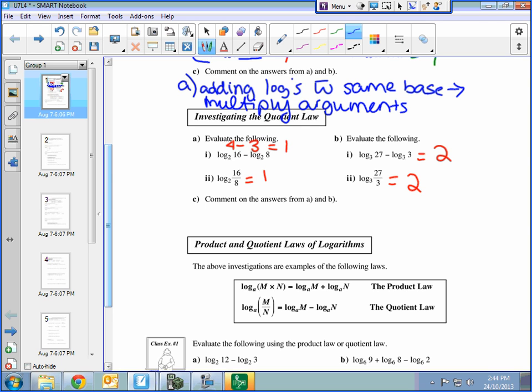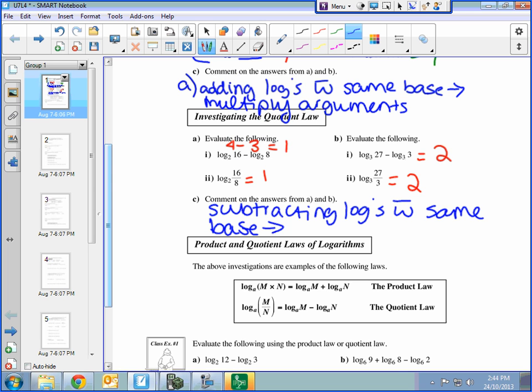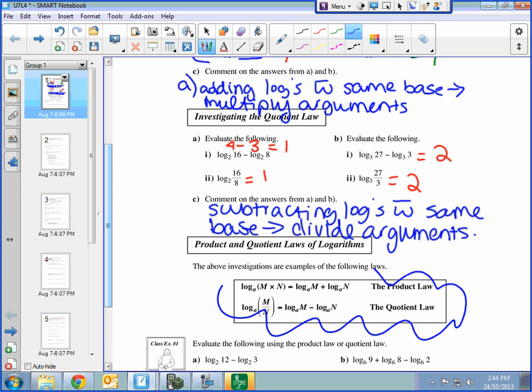So when you're subtracting logs with the same base, all you do is divide arguments. So right here is probably a good thing to highlight, star, memorize, know this.